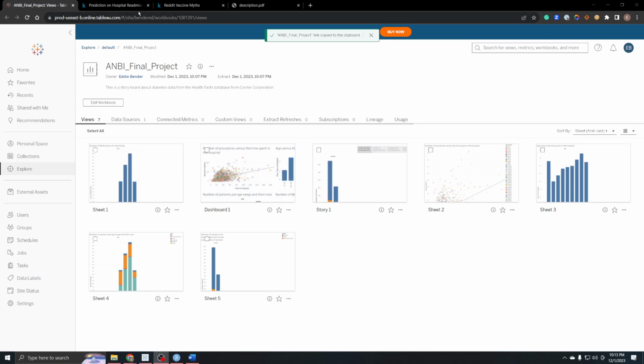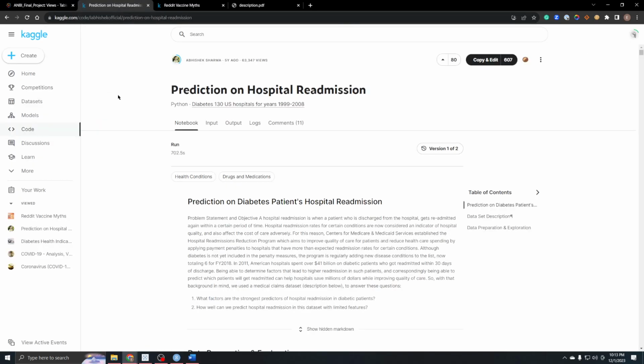Let's first go ahead and take a look at the Kaggle datasets here. I got both of these from Kaggle. This original code project was trying to predict hospital readmissions based on A1C results.